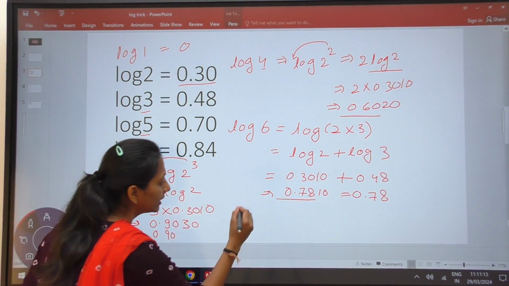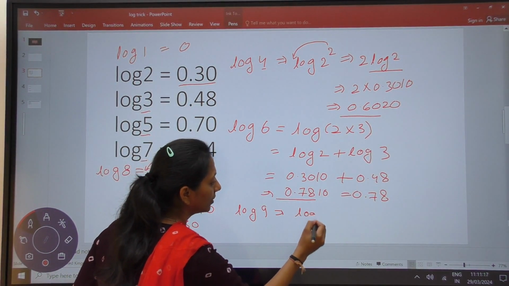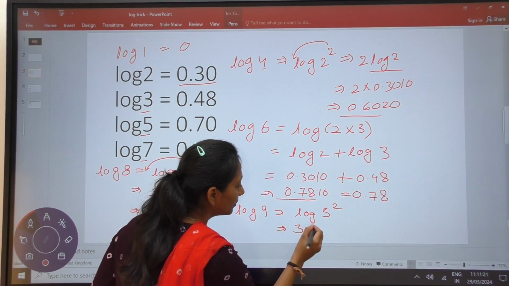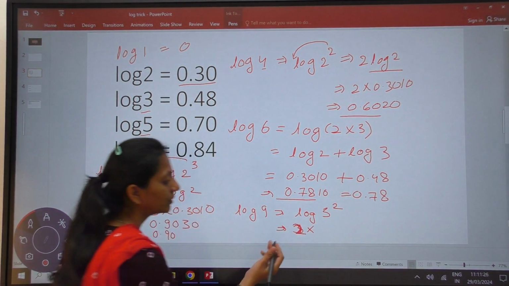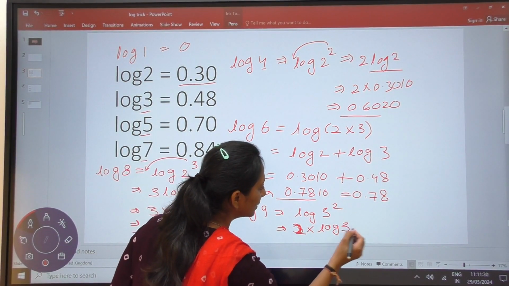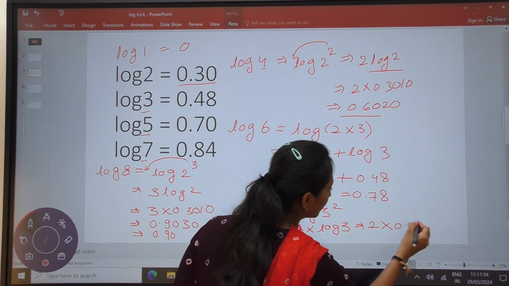In the same way, to calculate the value of log 9, we write it as log 3 to the power 2. The 2 is brought before the log, and it is multiplied with the value of log 3. 2 into log 3, what is the value? 0.48.